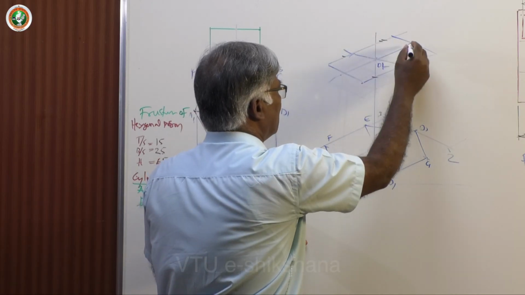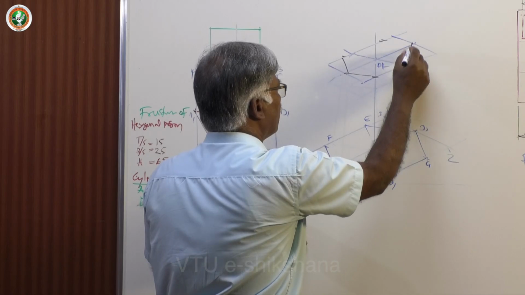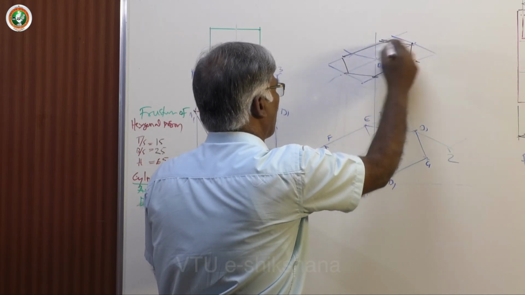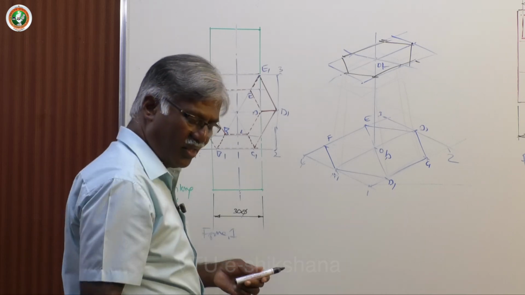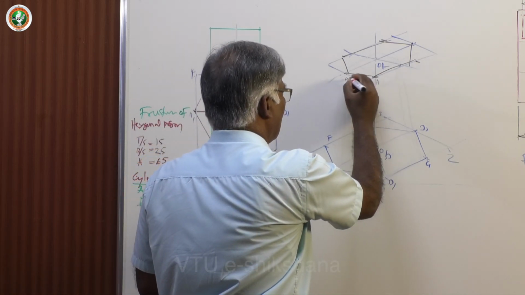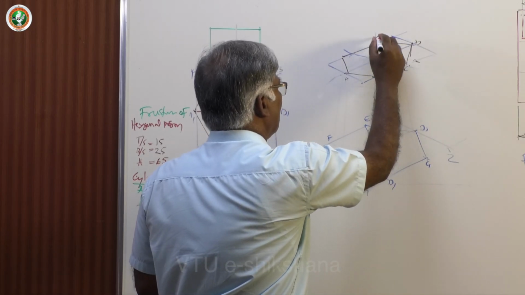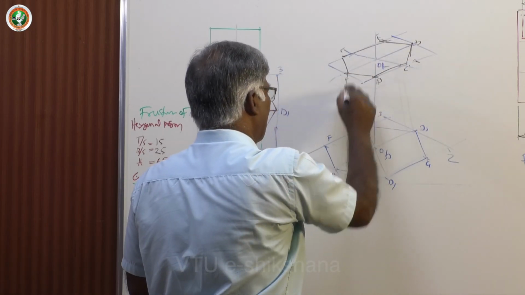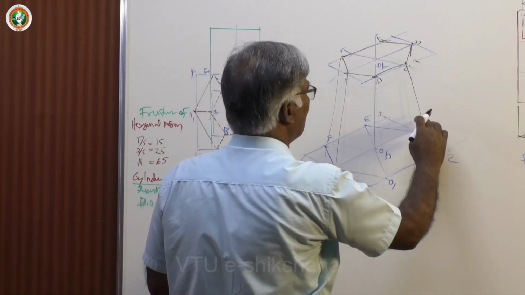Now, join all this. Then join the respective points. So this is A, B, C, D, E, F. AA1, FF1, CC1.